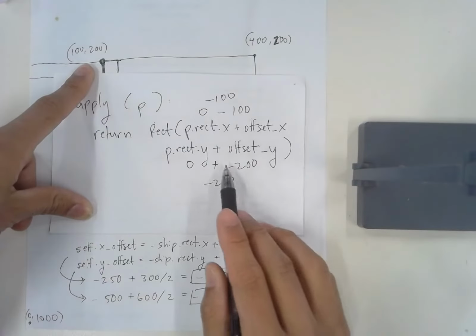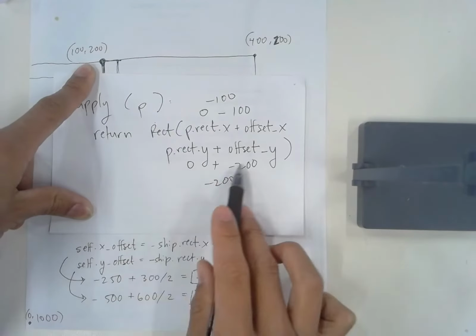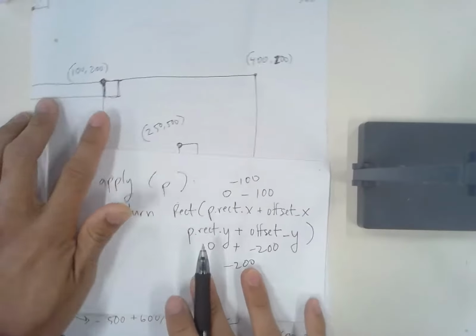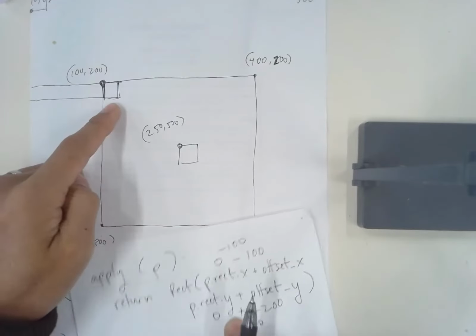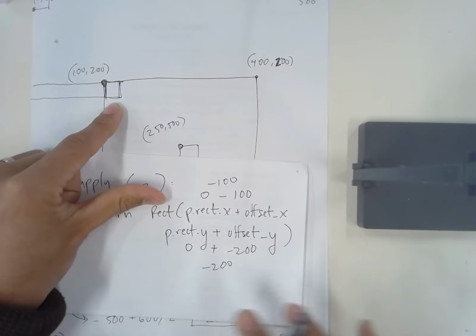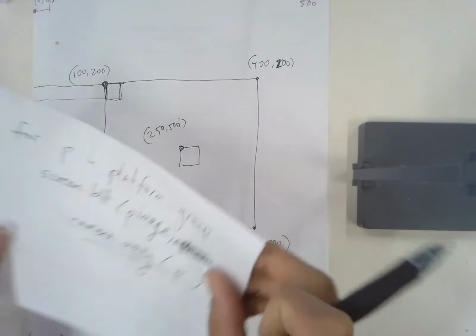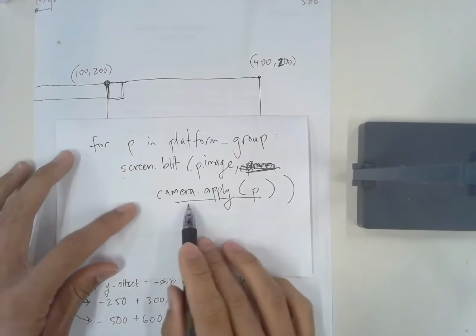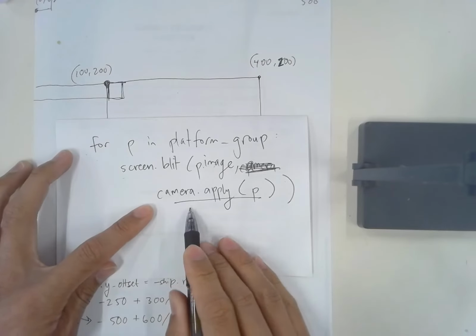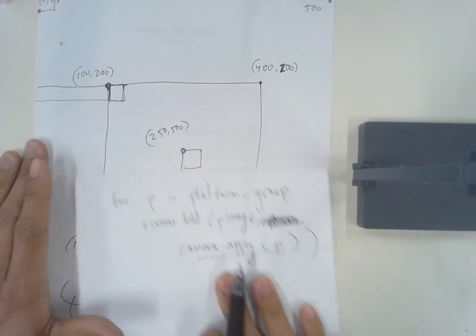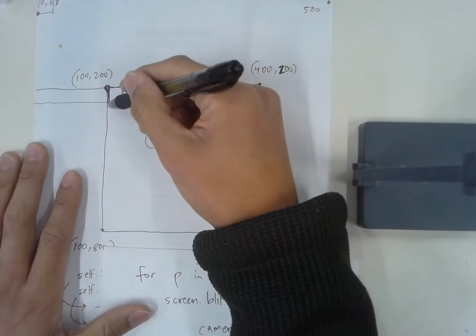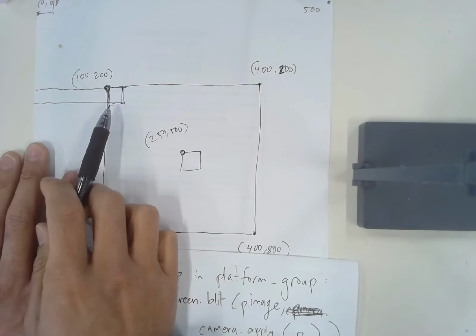That calculation turns to 0 as well. So the rect that is returned by apply on this particular platform has an x value of 0 and a y value of 0. So we get back to here, and where does that platform get blitted onto the screen? At 0, 0. And that causes him to show up on the top left corner of the screen.